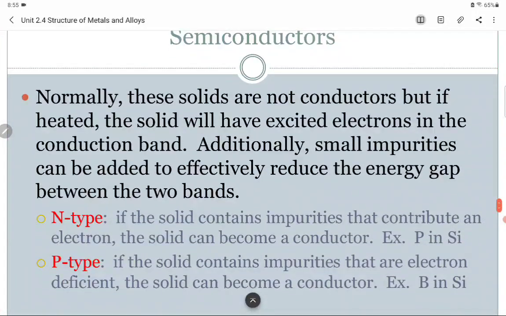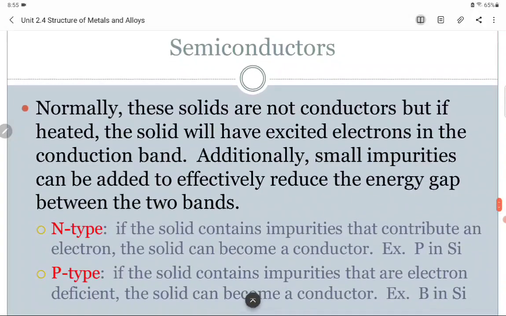And we mentioned semiconductors briefly two slides ago. And this definitely would be something for a material scientist to go into a lot more detail. This is the only detail we're going to get in our class, is that if you wanted the semiconductor to conduct electricity just a little bit better, you could add what we call an impurity.